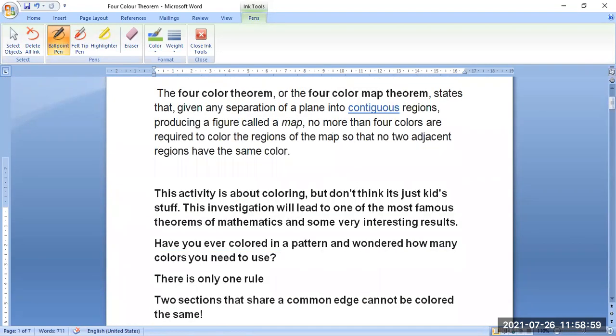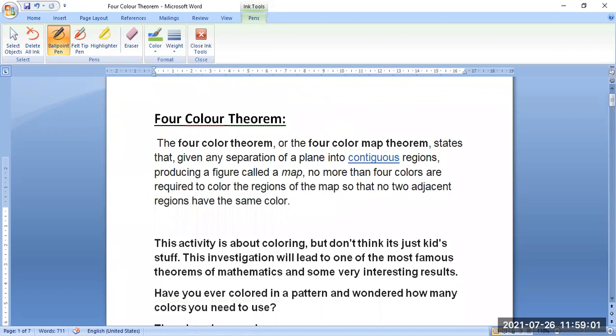Yes, the theorem, the color theorem or the four color theorem, states that given any separation of a plane into contiguous regions, producing a figure called a map, no more than four colors are required to color the regions, so that no two adjacent regions have the same color.